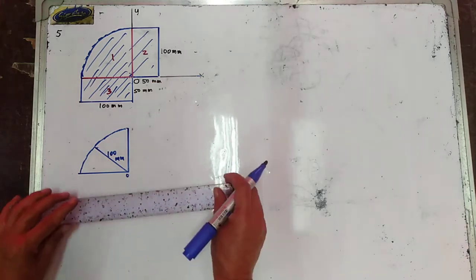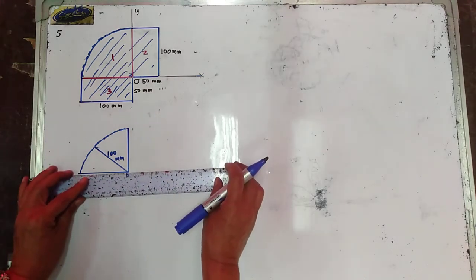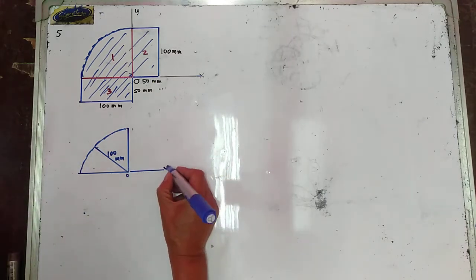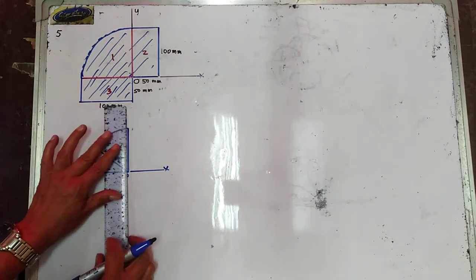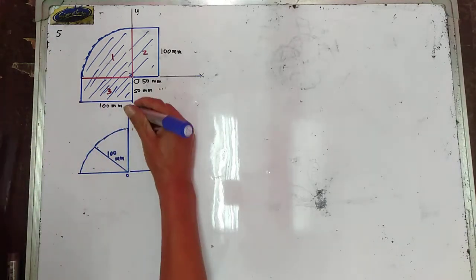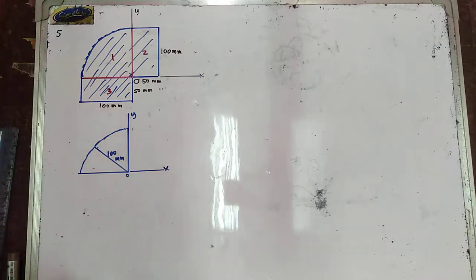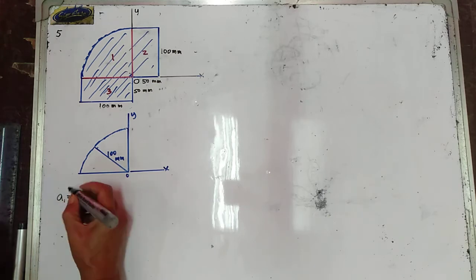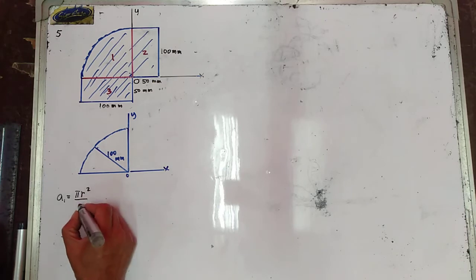Now, so this is the x-axis, and that is now the y-axis. Now, so that your area 1 is equal to pi r square all over 4.